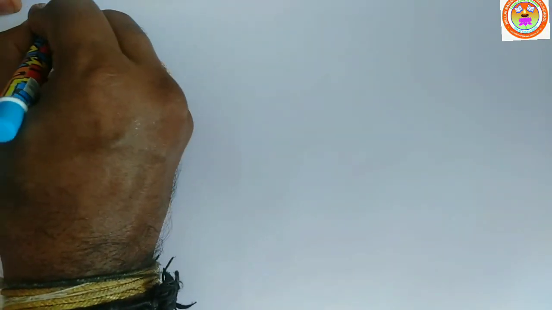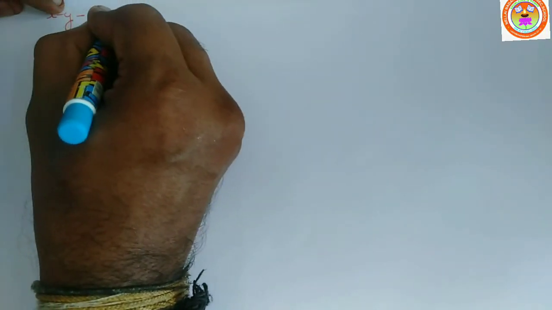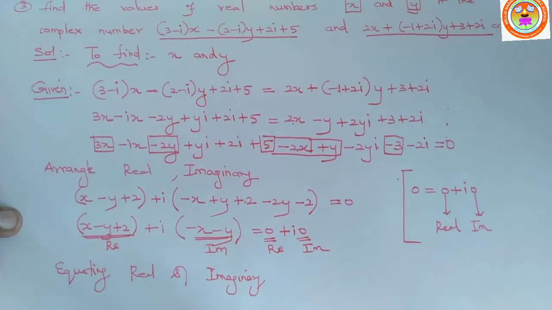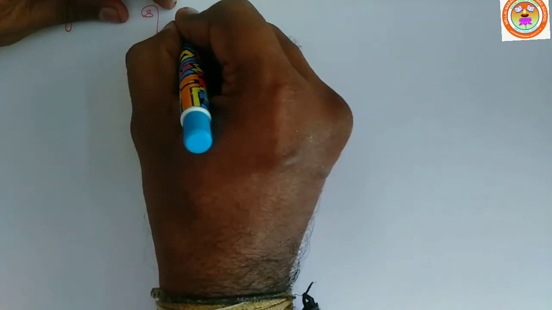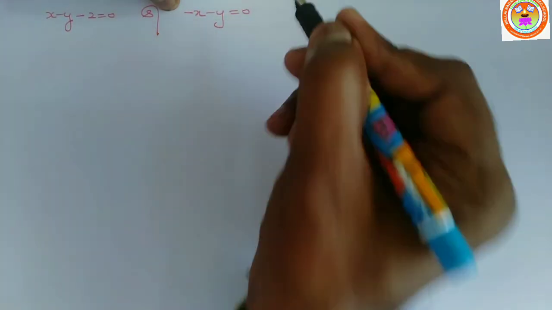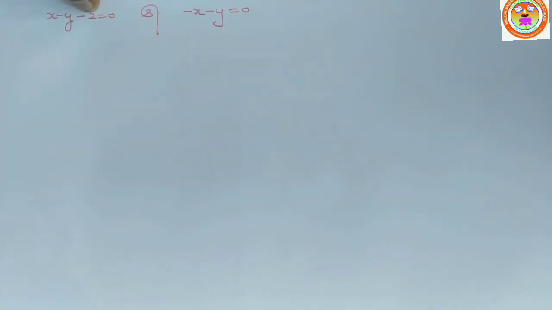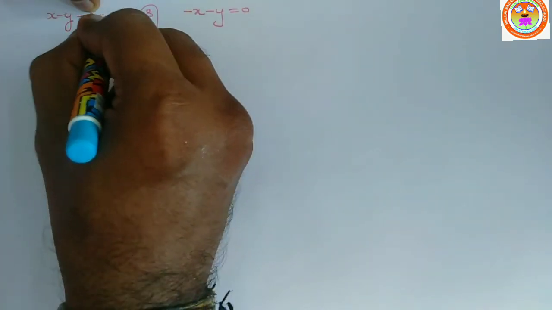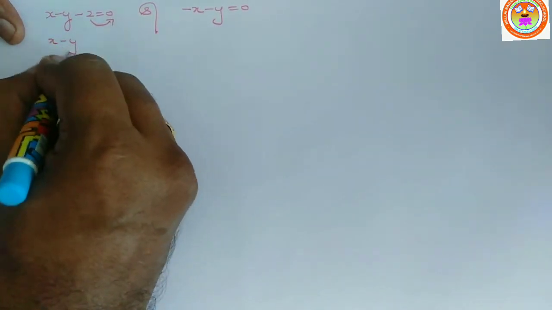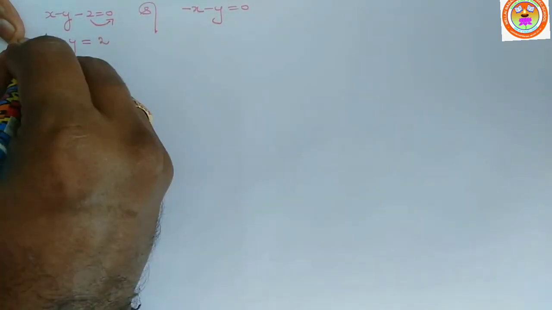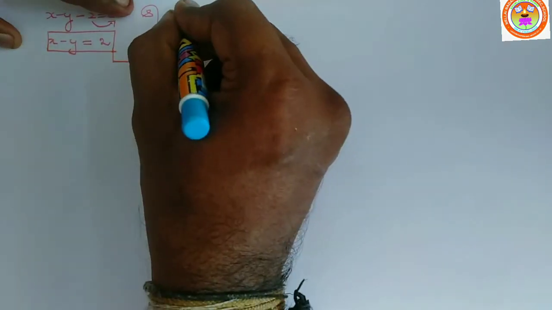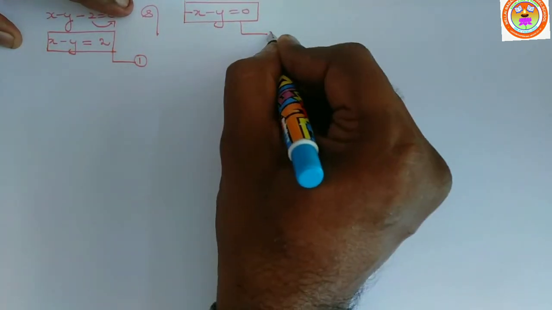Keep it as equation 1, after moving the minus 2 to this side, where it becomes plus 2: x minus y is equal to plus 2. Keep it as equation 1. This is equation 2.